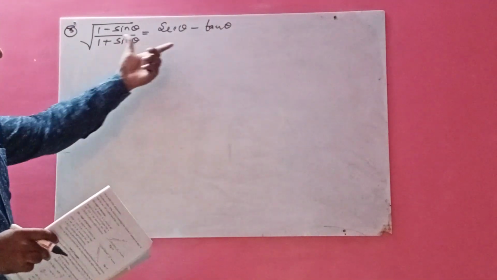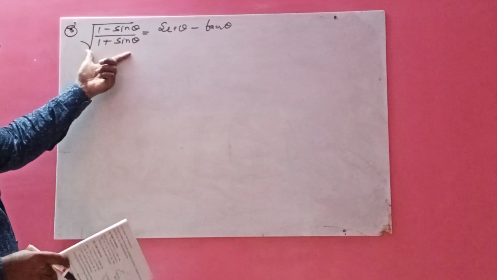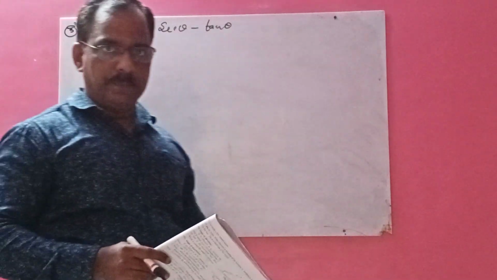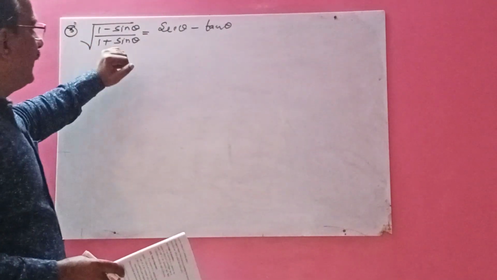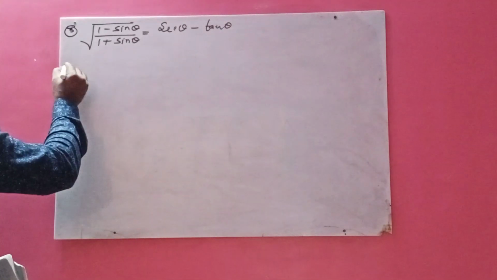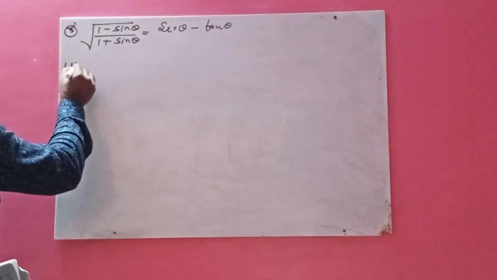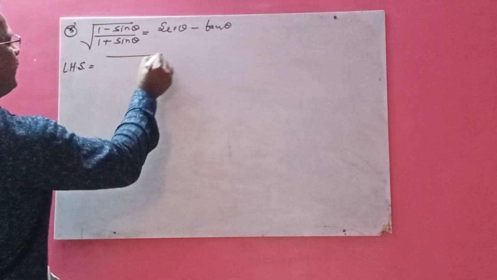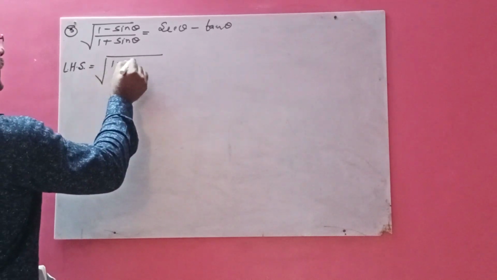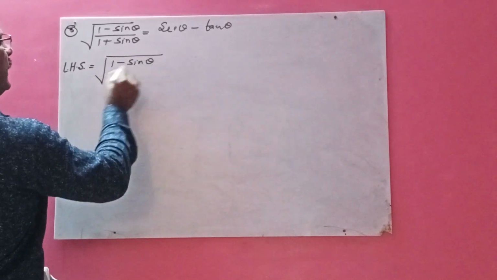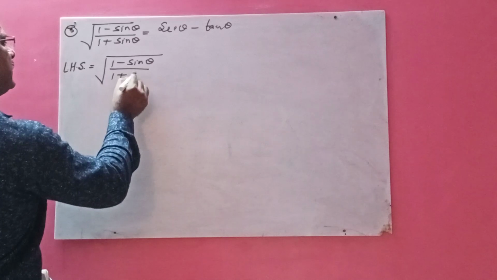In this equation, children, if you see this part, it is a little bit complicated. So I am taking the left hand side in this case. So first you take down the left hand side, that is root of 1 minus sine theta upon 1 plus sine theta.